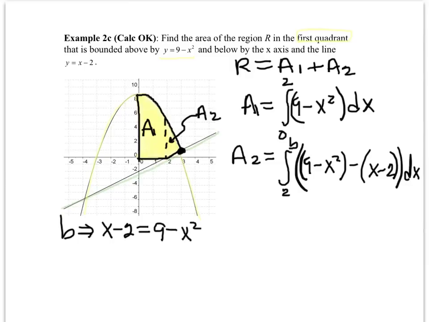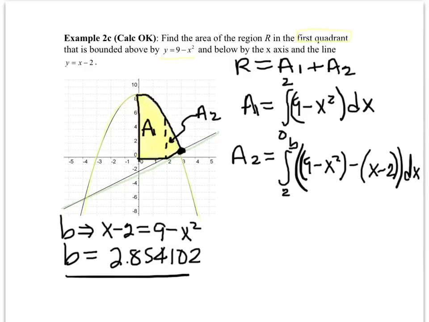When you use your calculator, you're going to find out that that x value is 2.854102. Okay, so that's the B, and because I've clearly stated what B is, I can leave B in my definite integral right there.